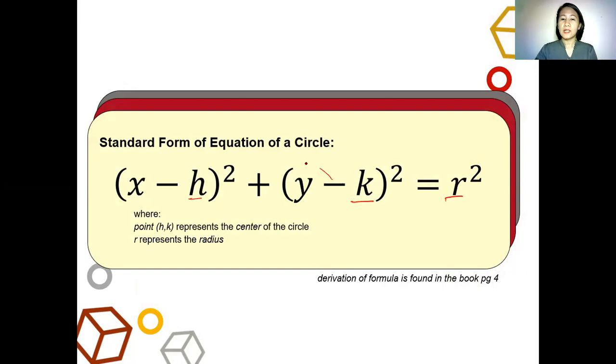We retain y and x to be, yes, that is correct, we call them variables.